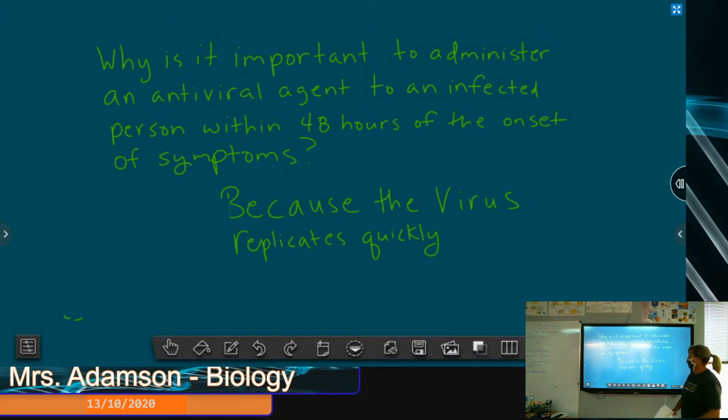So what they want to do is get in there and stop the replication. The reason it's important to administer an antiviral early is because the virus replicates quickly. They want to get in there, stop that replication, and minimize the effects of the virus.